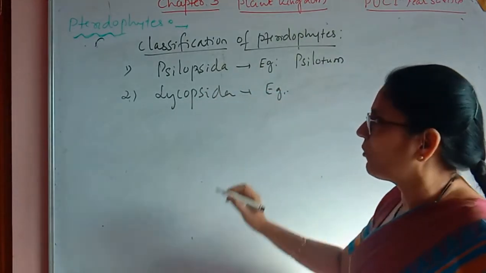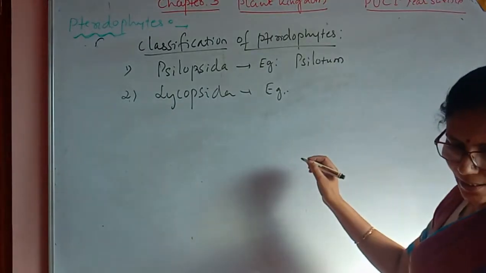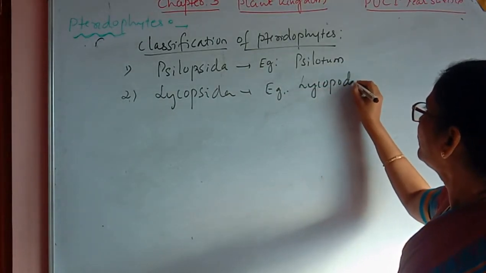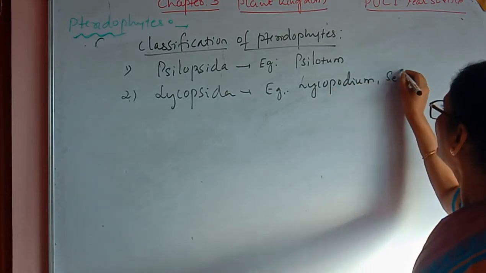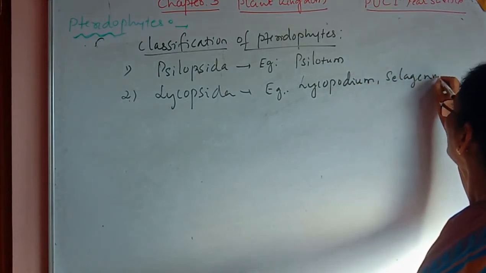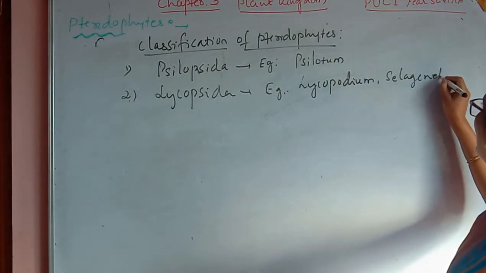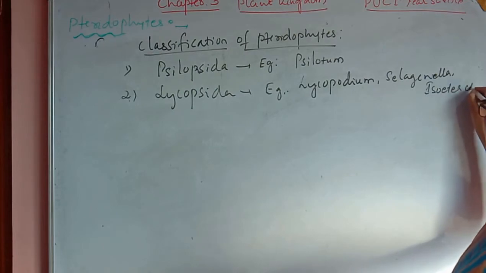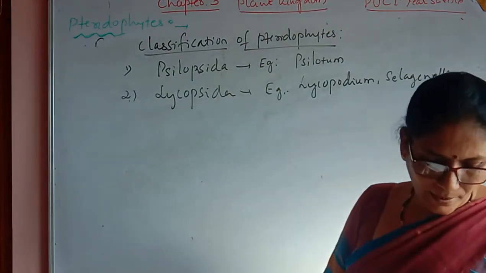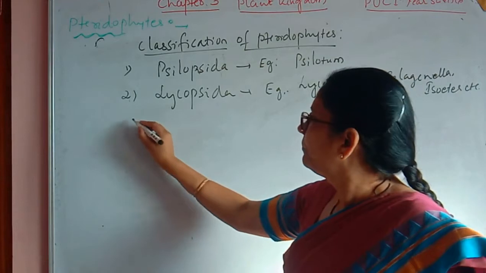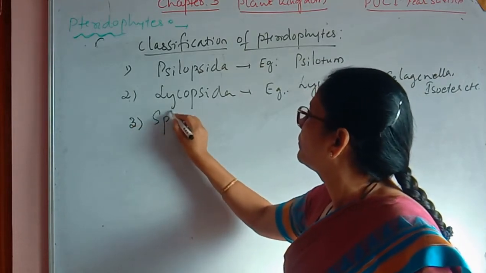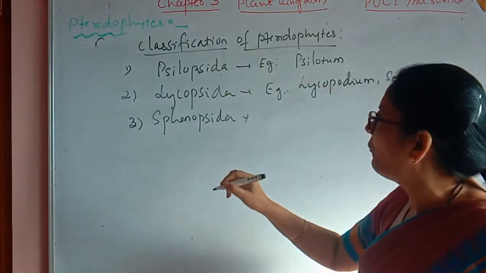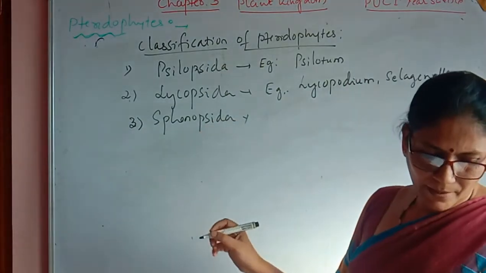Example for this is Lycopodium, Selaginella, Isoetes, etc. And third group is Sphenopsida. Example for this group, Equisetum.